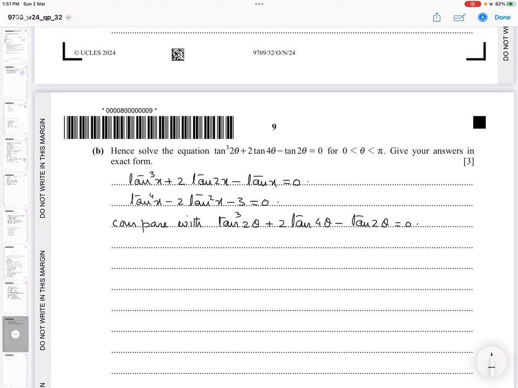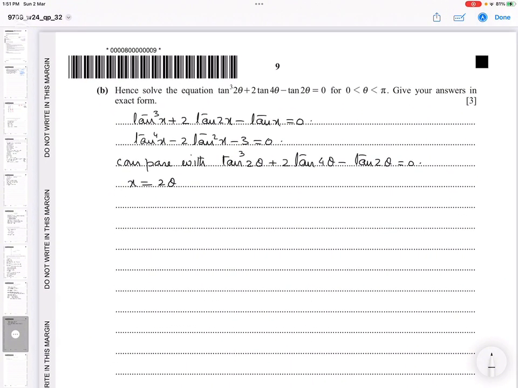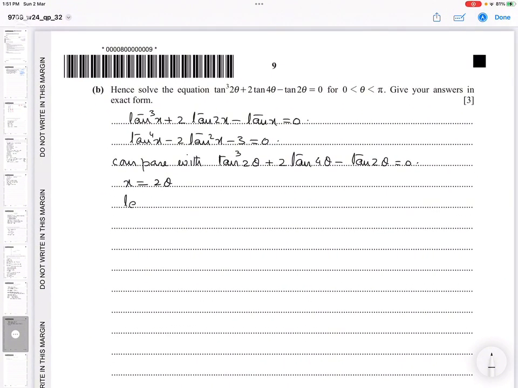After comparing, my x can be equal to 2 theta. Now we can write tan power 4 of 2 theta minus 2 tan square 2 theta minus 3 equals 0.